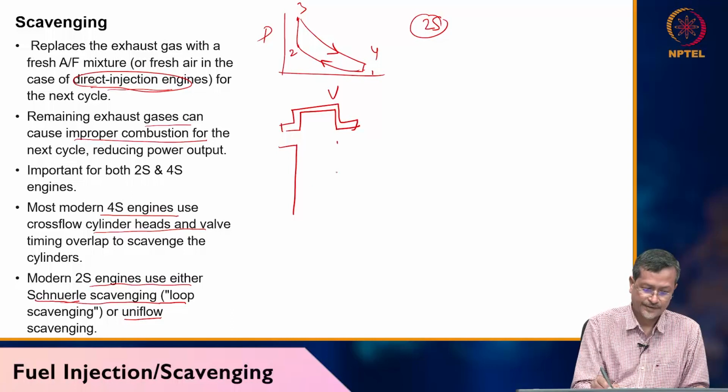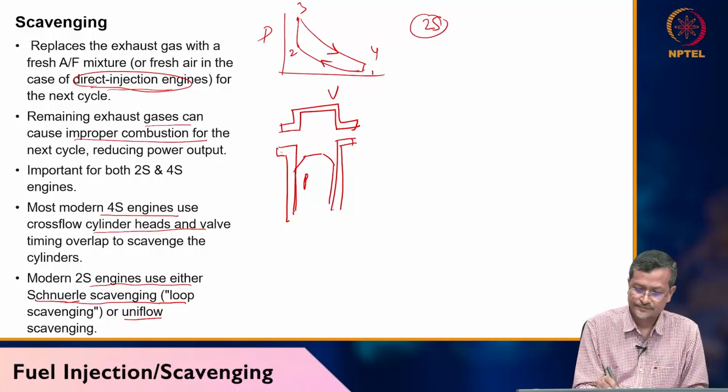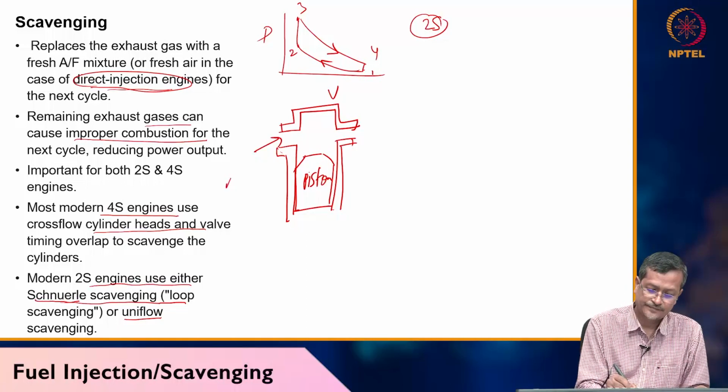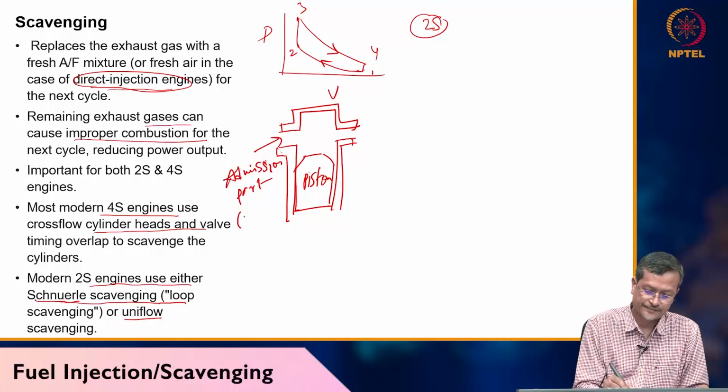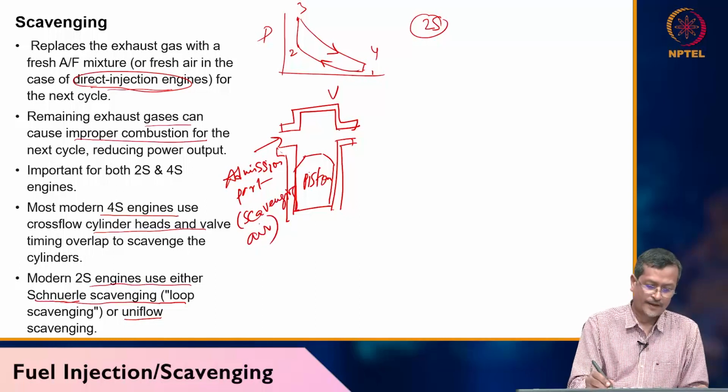One is like this. The piston head will be like this. This is the piston. The admission port, the scavenging air, and the exhaust port.